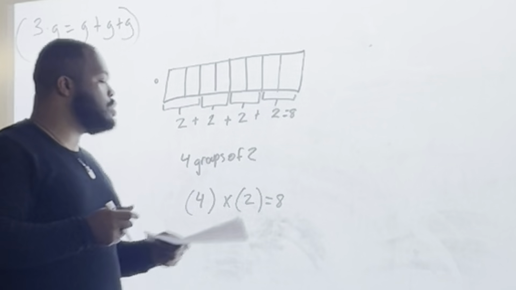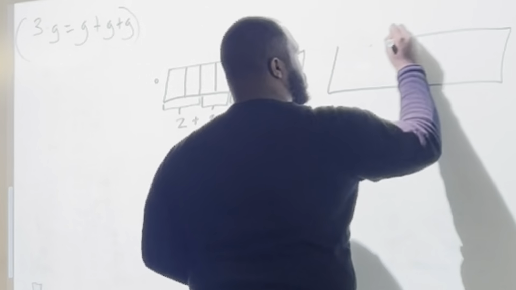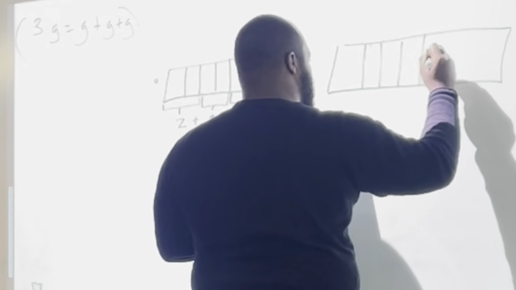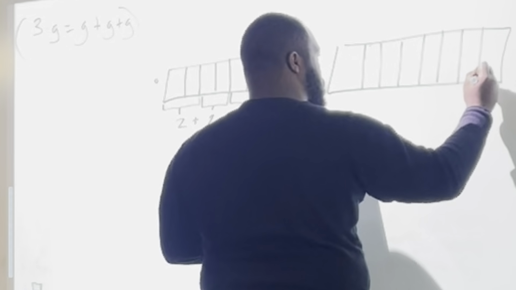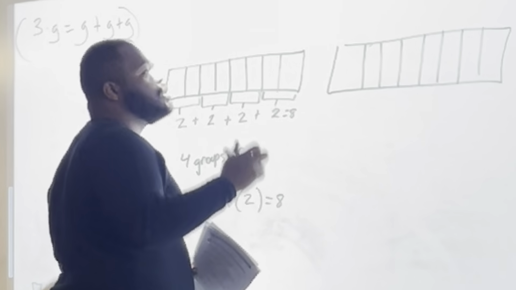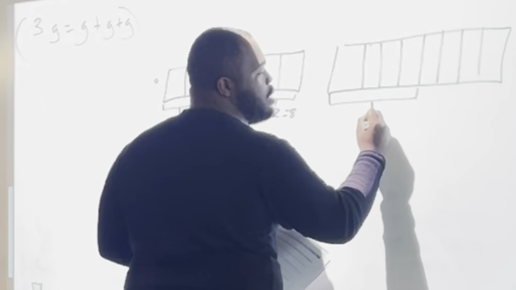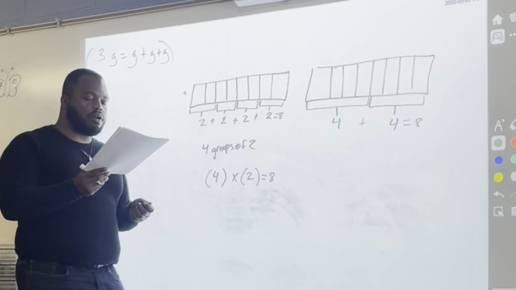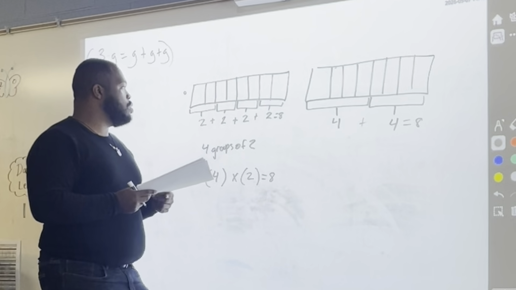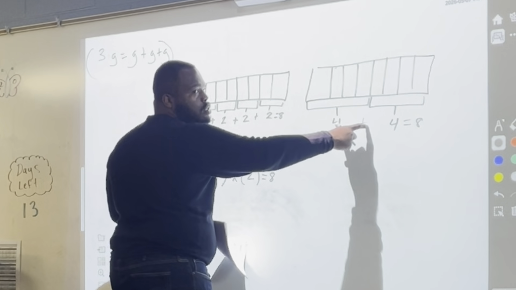Now, what if I was to do a tape diagram like this? So class, pay attention. If I did a tape diagram that represents 4 times 2, what would this be more fitting for?